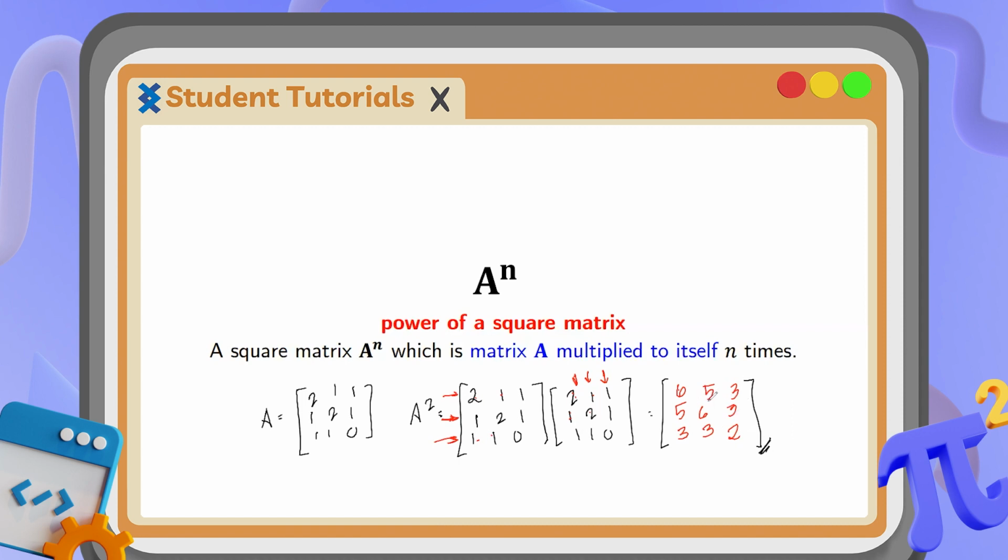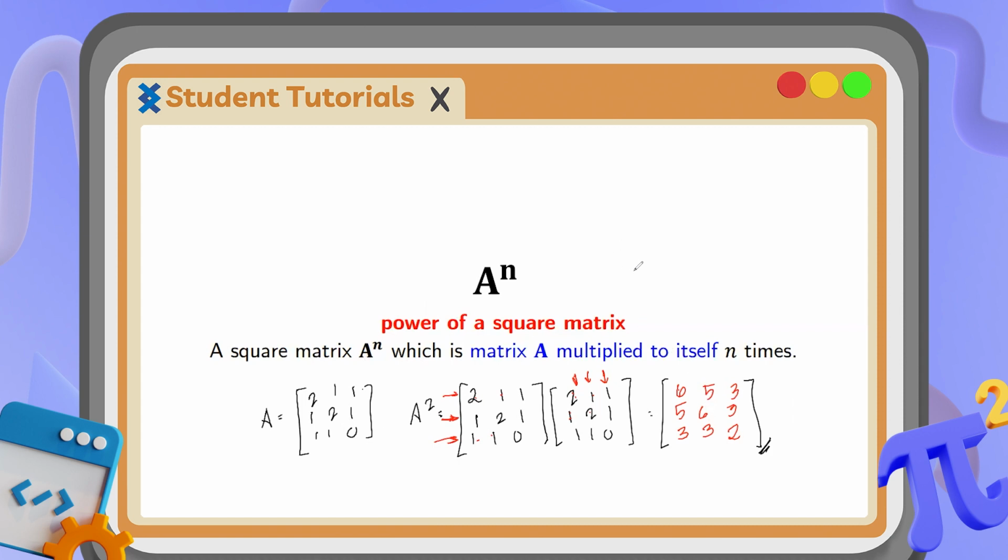Notice also that it is a symmetric matrix. But that is not always the case for the power of a square matrix, because based on my example over here, it's already symmetric and our result is still symmetric.